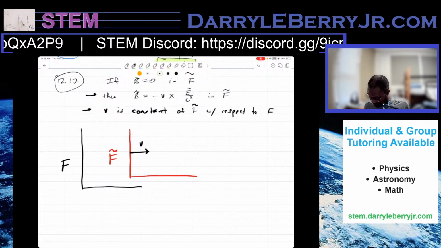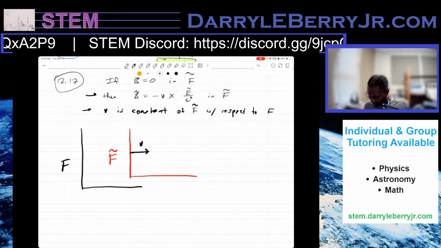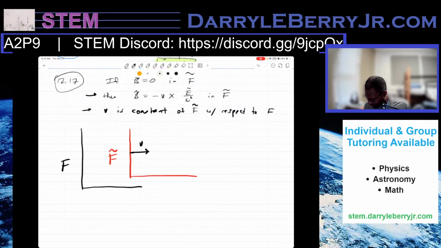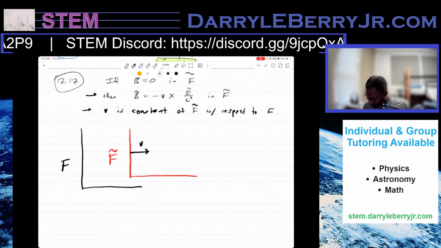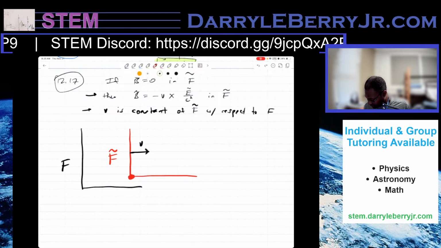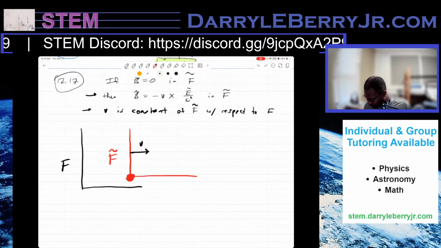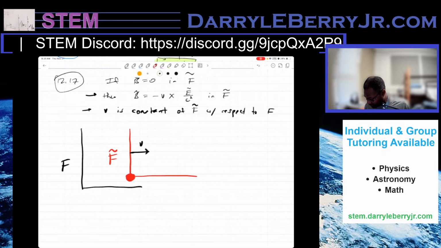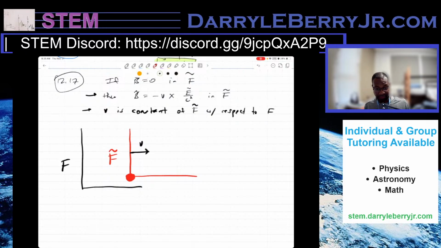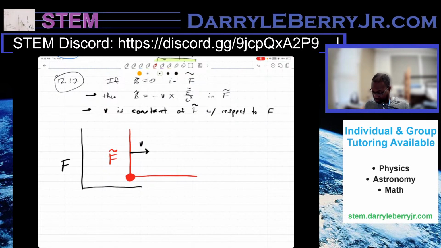So something in the F frame seems to be stationary in its own frame, but the entire frame is moving. So we can say that this is an object here and is moving at a constant velocity or rate. But if you look at the object itself, it seems to not be moving with respect to itself.